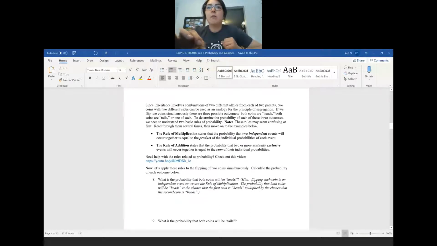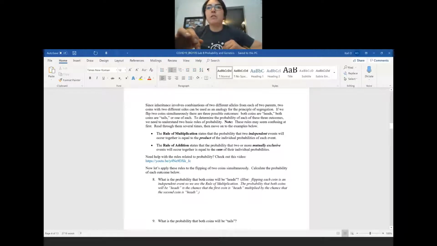So the rule of multiplication: the probability that two independent events will occur together is equal to the product of the individual probabilities of each event. If we have event number 1 and event number 2 happening, the probability of both of those events happening, 1 and 2, we multiply those individual probabilities together to get the overall probability.